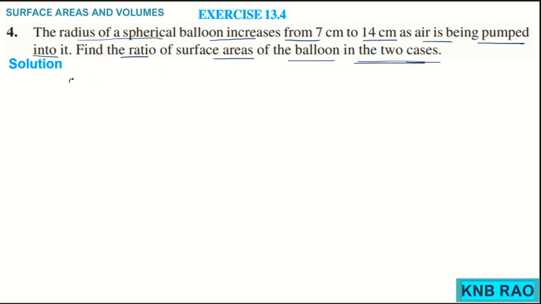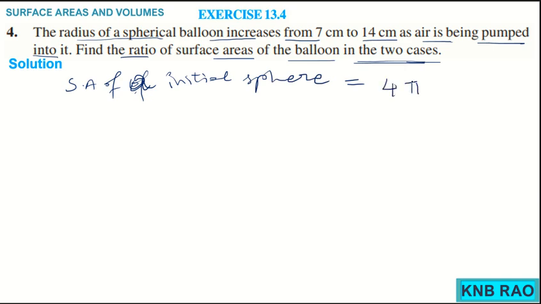See children, surface area of the initial sphere is 4 pi small r square.